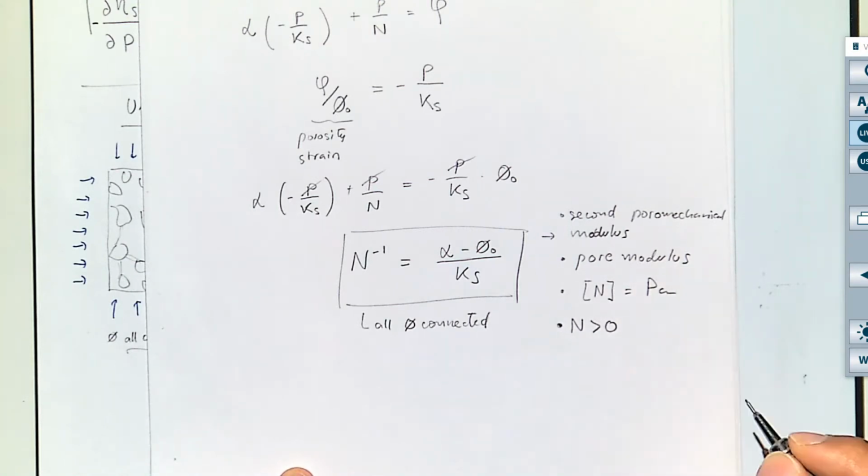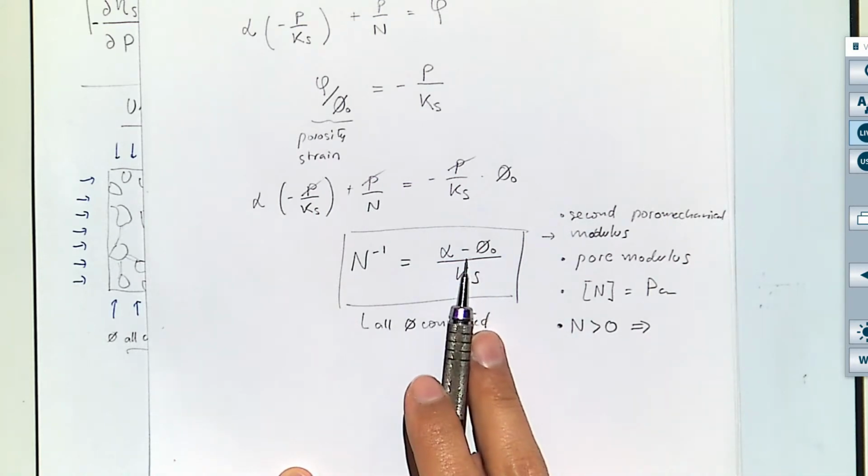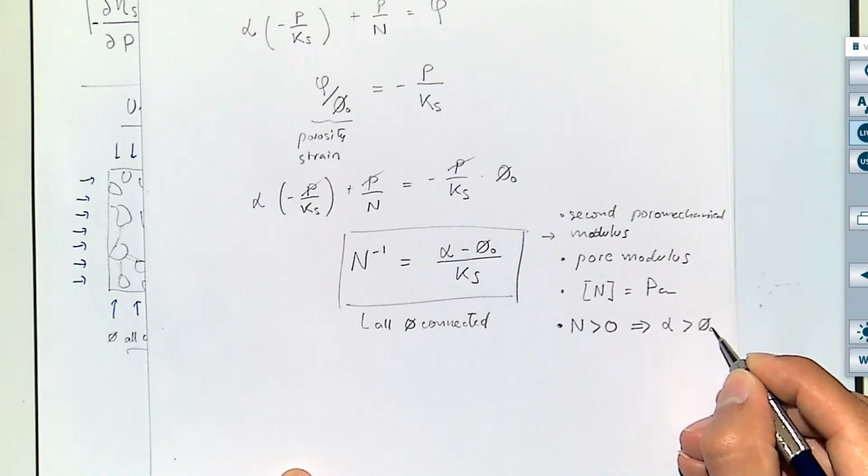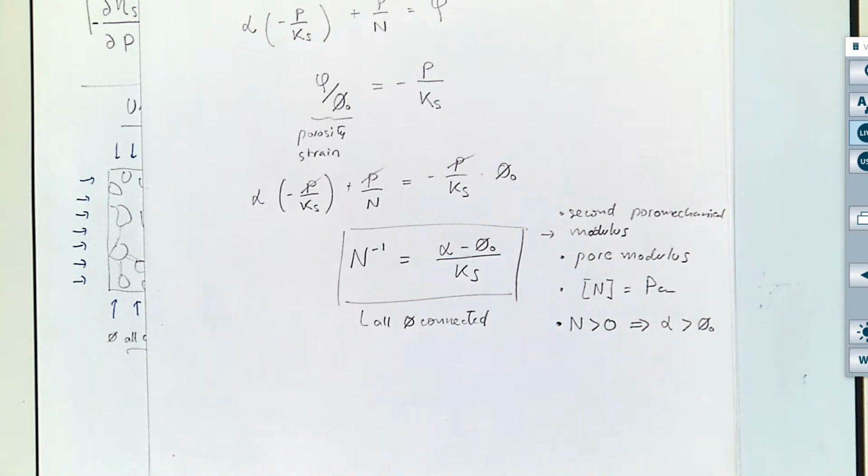And because this one is going to be larger than 0, notice from this equation that always your Biot coefficient has to be larger than your porosity. So if you see a Biot coefficient out there which is smaller than porosity, it's wrong. Doesn't make sense. Sometimes for tight rocks with very low Biot moduli, it could be 0.2, 0.3, but it's always going to be larger than the porosity.